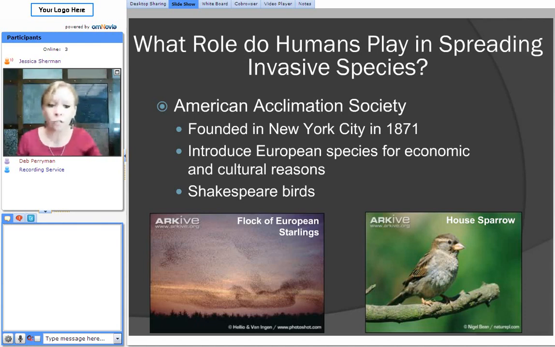What they typically do is take over native bird nests. So if bluebirds are building a nest and lay eggs, house sparrows will actually go into the nest box, kick their eggs out, and use the nest that they built to lay their own eggs. They have a really detrimental effect on a lot of the native species. So this is another way that we've played a huge role in introducing them, through this American Acclimation Society, which, for good reason, is no longer an active group.